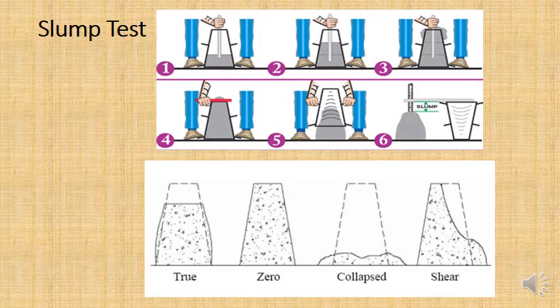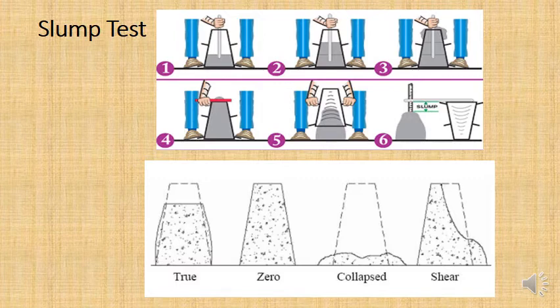And he basically fills it to 1/3 and then he compacts it. Then he fills it to 2/3 and he compacts it again. And then 3/3, he compacts it right to the top, and then he levels off the top. He makes it smooth on the top, and then he slowly and carefully lifts the cone.